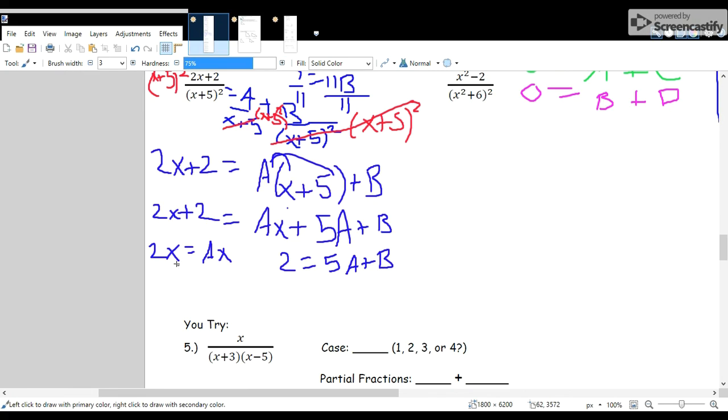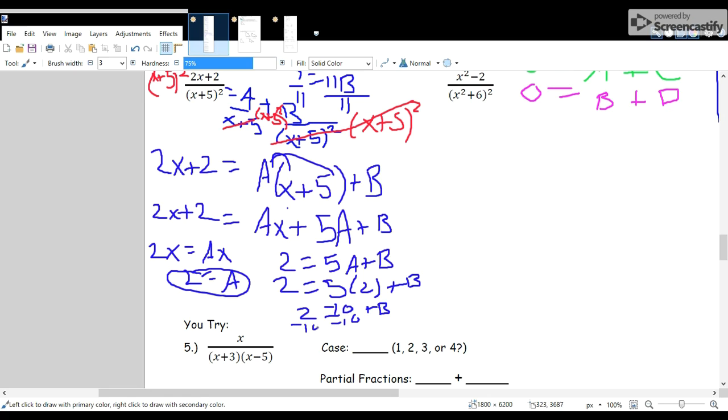So to solve for a, it's going to be something times x equals 2x. That's just going to be 2. A equals 2. Plug that in to solve for b. 5 times 2 is 10. 10 plus some number equals 2. Subtract 10. So b equals negative 8.